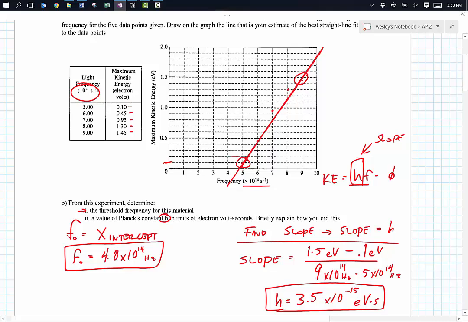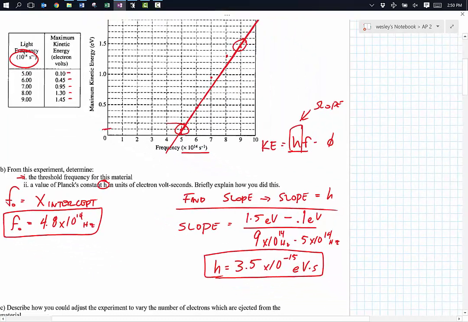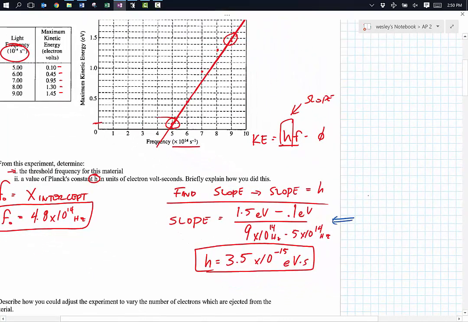That's Planck's constant. Now, when we pick our numbers, and this is just a note kind of outside of what we need to know for the photoelectric effect, these points come from intersections, not data.